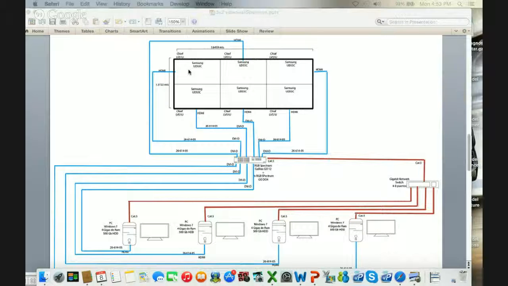It is very important that we choose a very good support system. We have chosen the Chief LBS1U. We will need one for each monitor, so we have 1, 2, 3, 4, 5, 6. We have 6 supports.